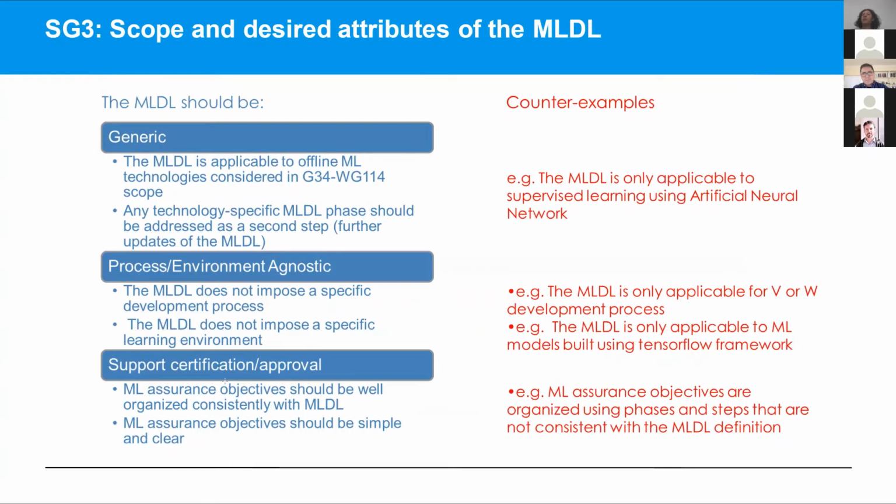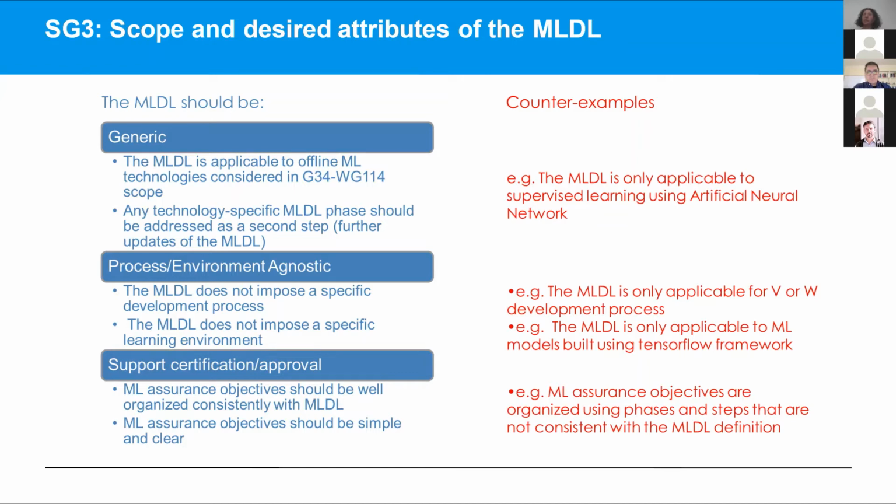Next. Okay, so the machine learning life cycle actually is a new concept that was defined, and we said that it should be very generic in order to apply this to all the technologies that can come, but also process and environment agnostic, and should be coherent with ensuring assurance objectives that should be defined by the regulation authorities.